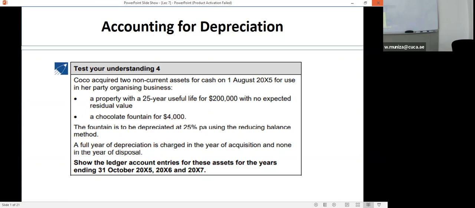The formula for calculating the depreciation as per the straight line method is cost multiplied by the percentage of depreciation. Or if in the exam they are not giving you the percentage of depreciation, then you have to apply the formula in order to calculate the straight line depreciation. Can anyone tell me that formula? What is that formula? Cost minus residual value.